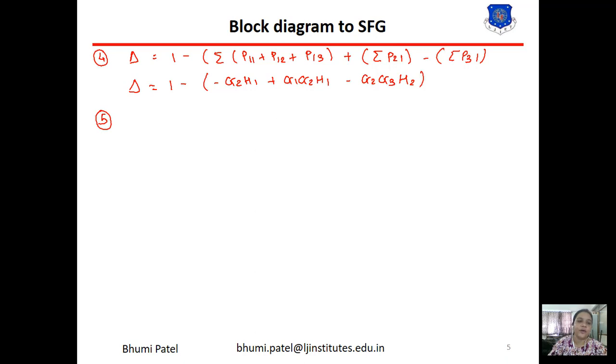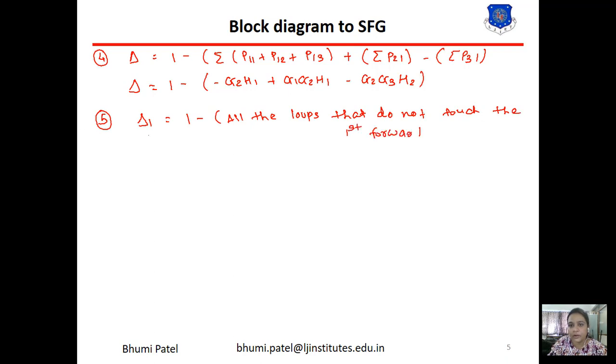Okay, now the fifth step is to find the delta 1. Here two forward paths are given, so we can find delta 1 and delta 2. Now what is the equation of delta 1? Delta 1 is equal to 1 minus all the loops that do not touch the first forward path.